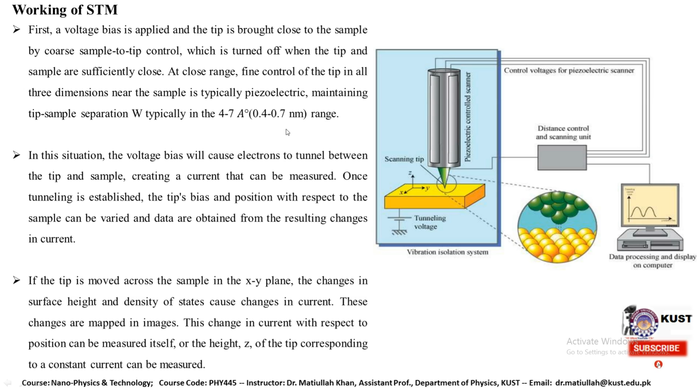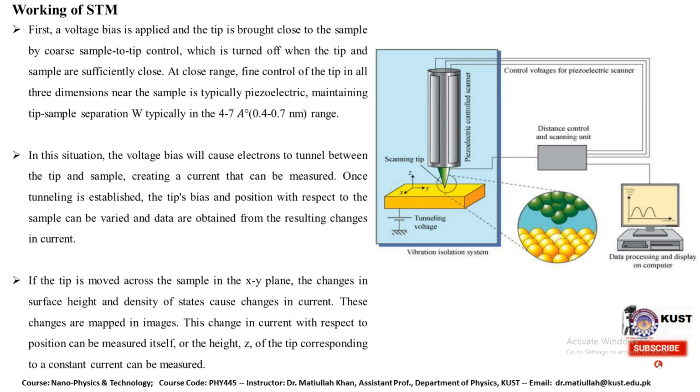So what happens in this case, the voltage bias will cause electrons to tunnel between the tip and the sample. I mean the tunneling effect occurs by the application of the applied voltage. The electron may tunnel from the sample to the tip, or from the tip to the sample, depending on the bias voltage.